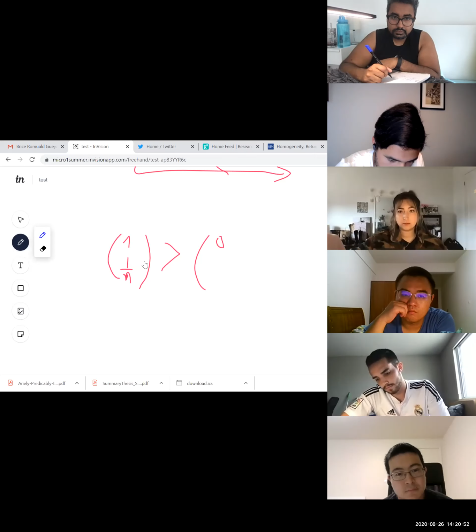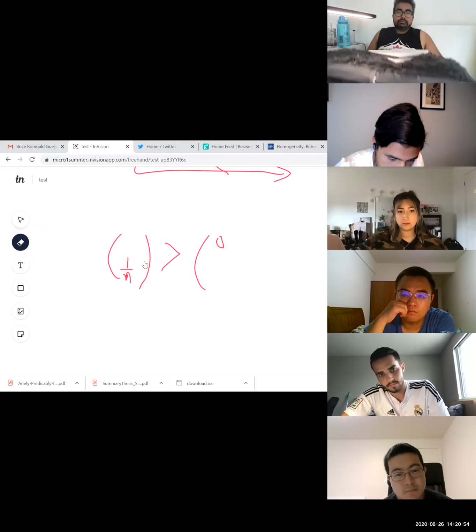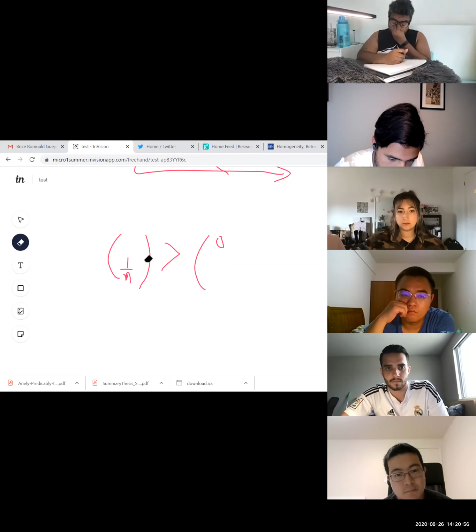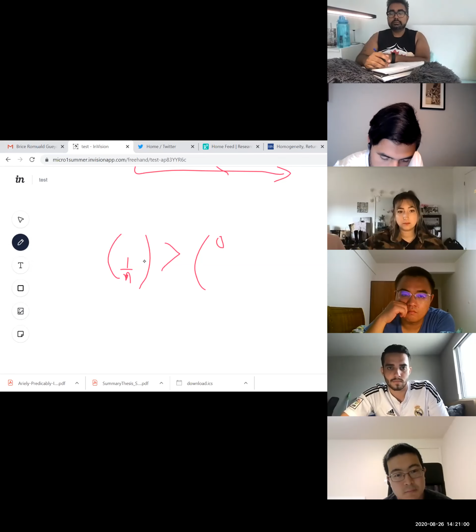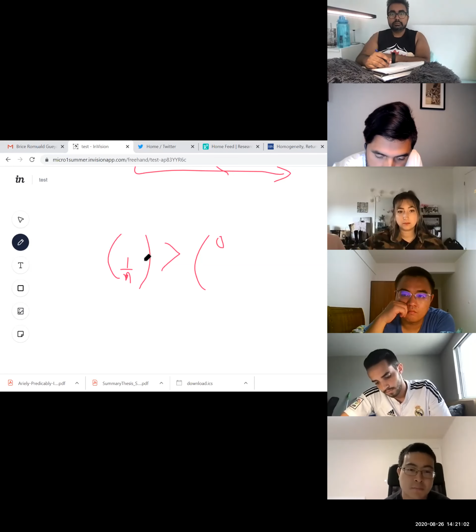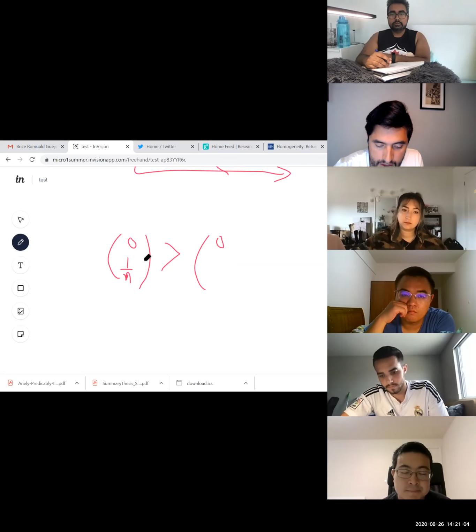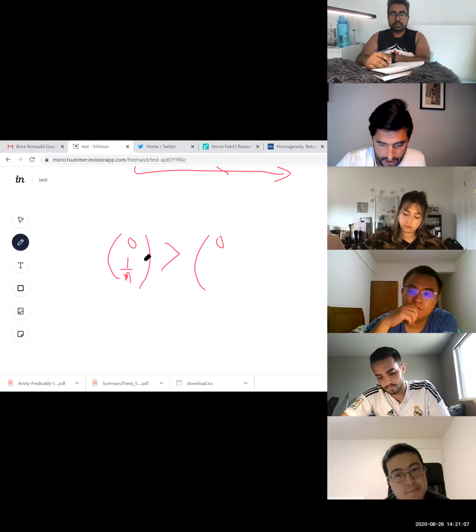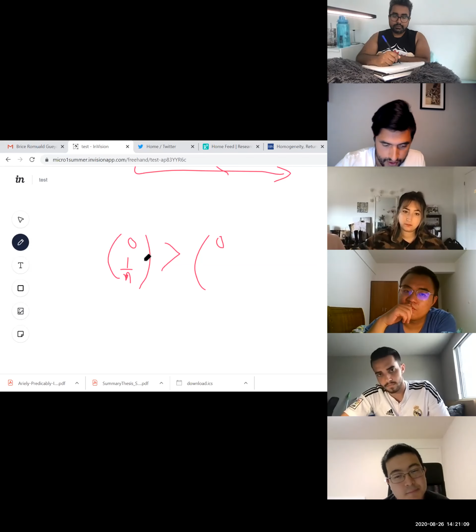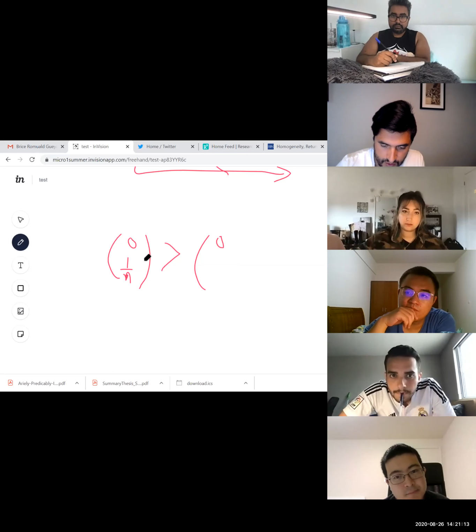Better to have one over n. So this one gives you that the first entry, this one is better than this one, and then in the end, it's going to converge.